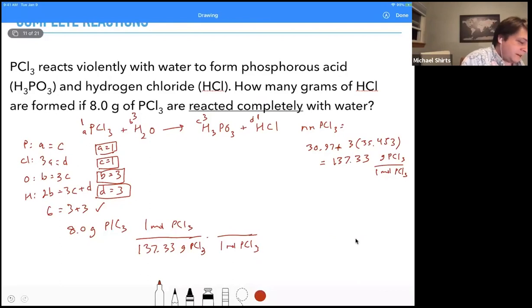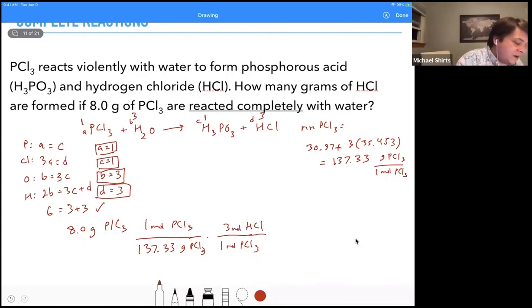Oh, okay, I was getting confused because I wrote down my variables wrong. That's always one thing you can do. You probably caught that already, but C is 1 and D is 3. There we go. So it's 3 moles of HCl.